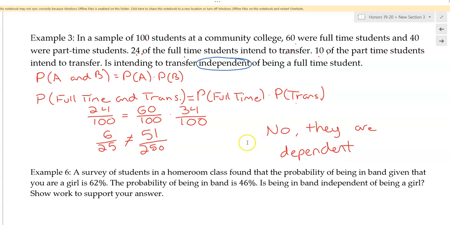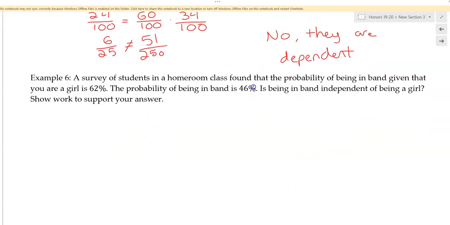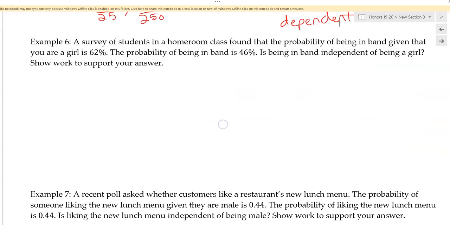All right, looking at Example 6. A survey of students in homeroom class found that the probability of being in band, given that you are a girl, is 62%. The probability of being in band is 46%. Is being in band independent of being a girl?